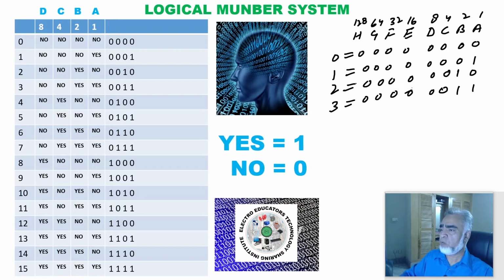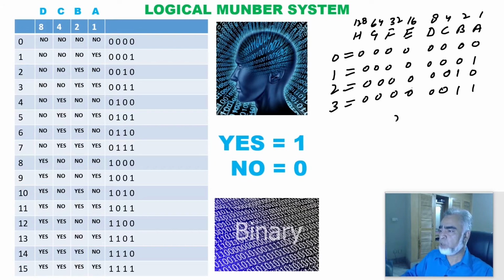Similarly, we can count from 0 to the maximum, that is 2 raised to the power 8, which equals 256. So the counter will count from 0 to 255. If all the variables are 1, like 1 1 1 1 1 1 1 1, it means all variables are present. If we add all these weightages, it equals 255.